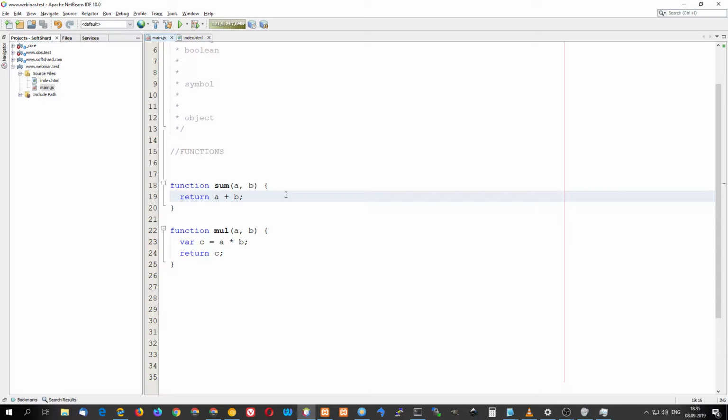What's gonna happen? In a function you can do pretty much what you can do anywhere in the code.